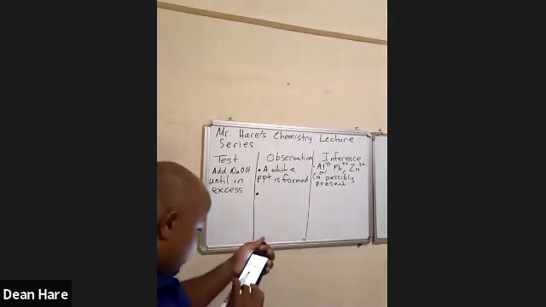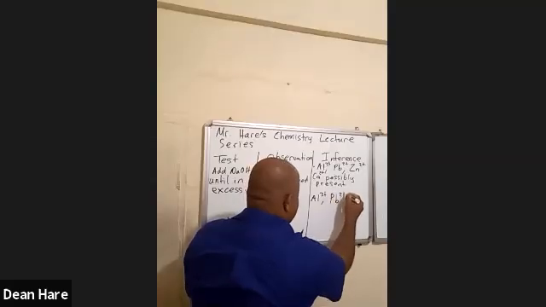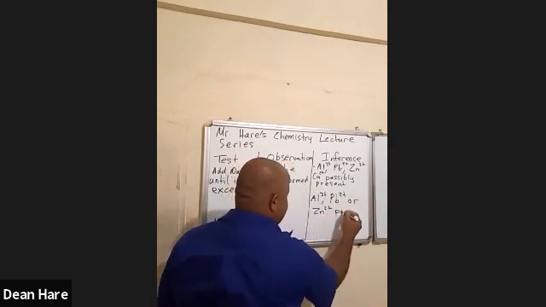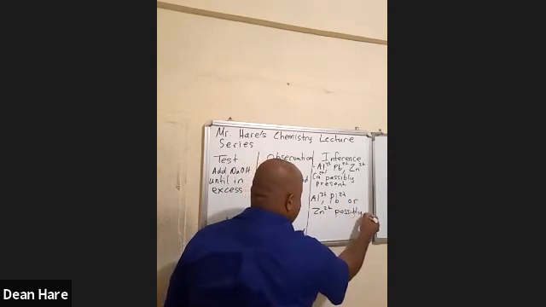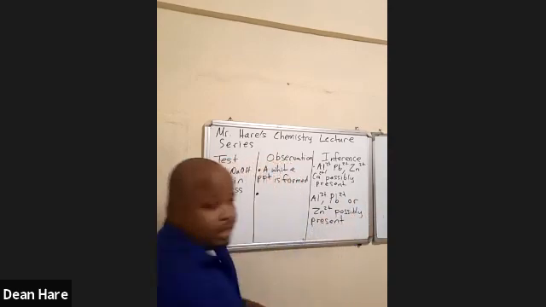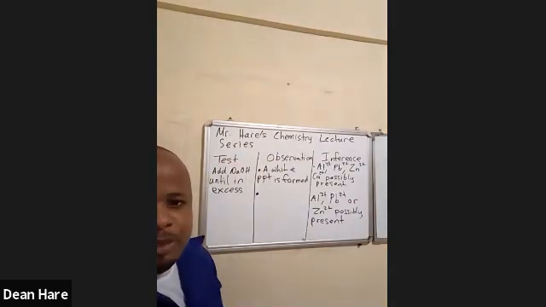So white precipitate is formed, right? Now, for the second inference, it says aluminum, lead, or zinc possibly present. Aluminum, zinc, or lead possibly present.